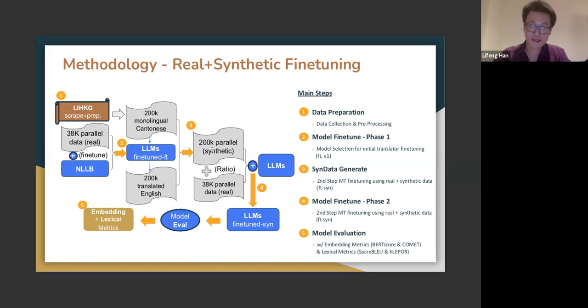With this parallel synthetic corpus, we add real data at certain ratios to fine-tune the model again, and then evaluate the further fine-tuned model with both lexical and embedding metrics.